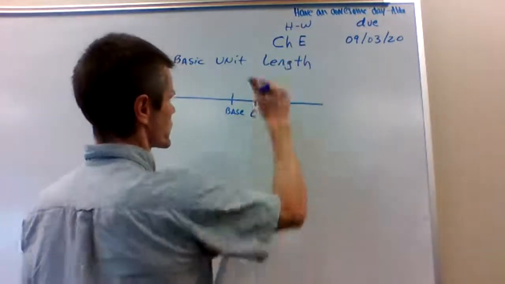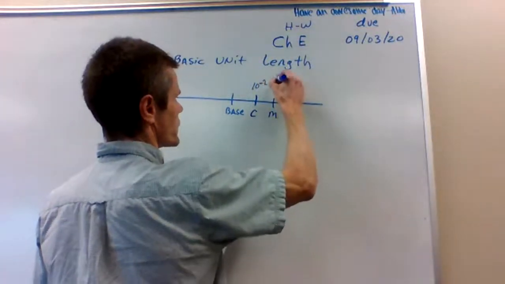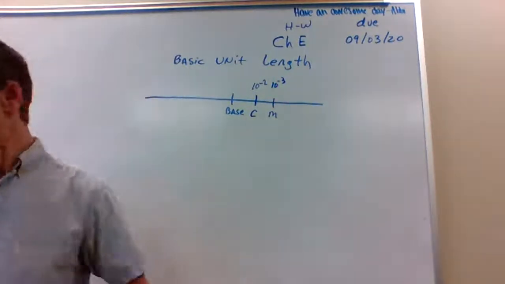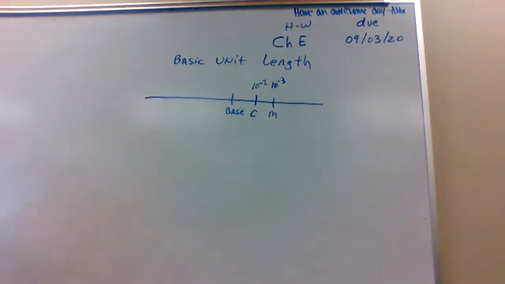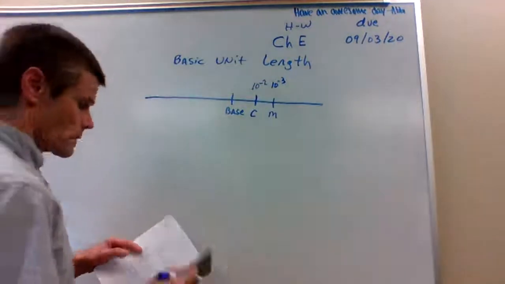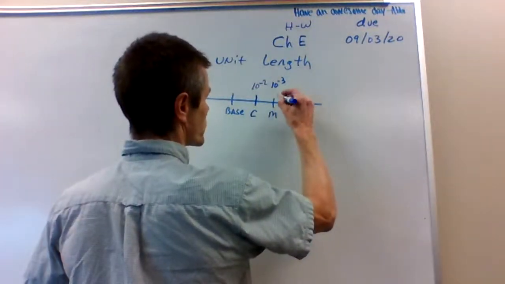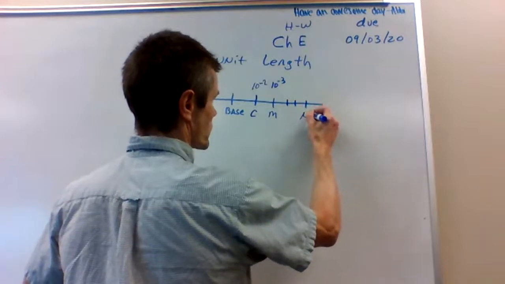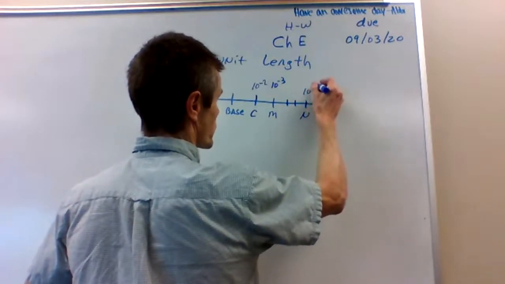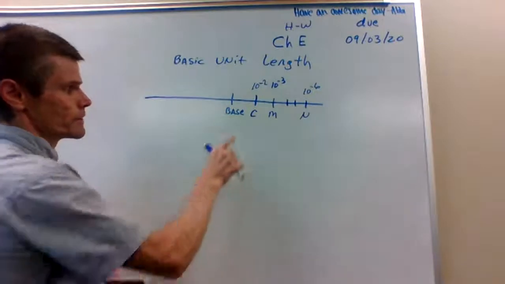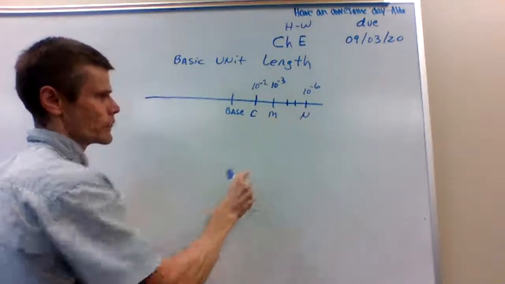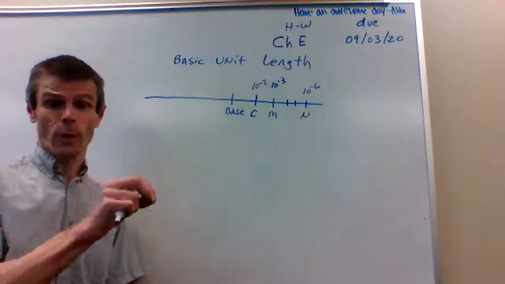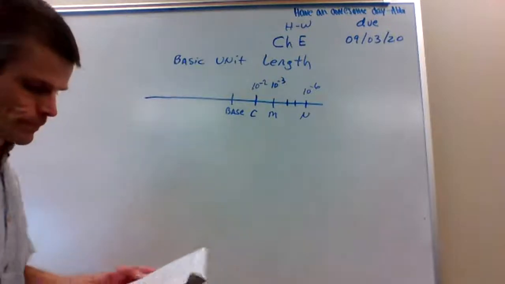I'm sorry, my mistake. 10 to the negative third is the millimeter. And if we move down here, 3, 4, 5, 6. 10 to the negative 6th is the micron. Centi, milli, micron. And again, this horizontal scale is really useful for when we start to move decimals.